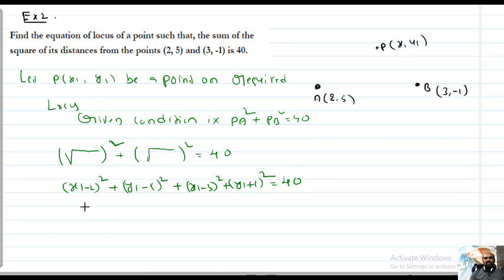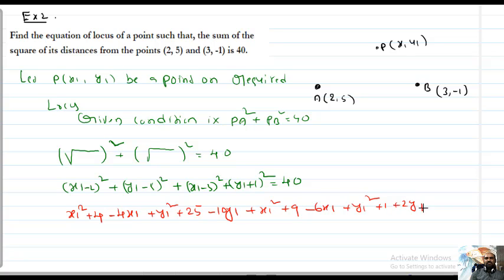We just need to simplify this. Yeah, students, this is x1 square plus 4 minus 4x1 plus y1 square plus 25 minus 10y1 plus x1 square plus 9 minus 6x1 plus y1 square plus 1 plus 2y1 equal to 40.